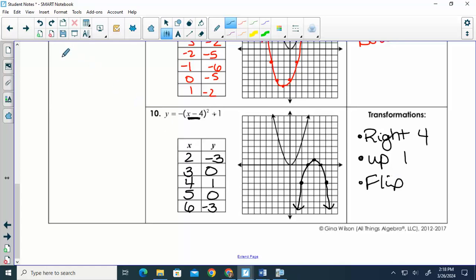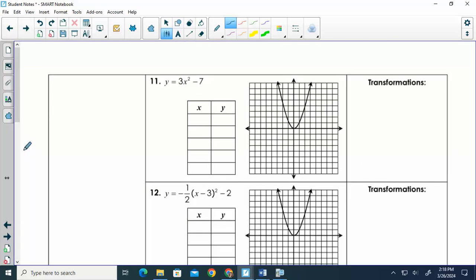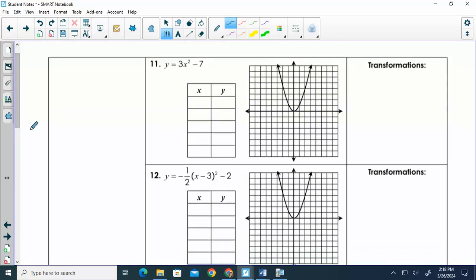All right. Let's look at this. This one has something else going on that we haven't seen before. What is it? We have the minus 7 should do what to our graph? Down 7.